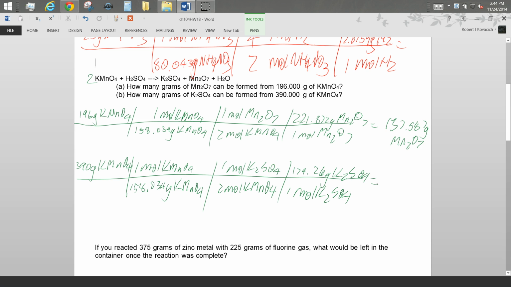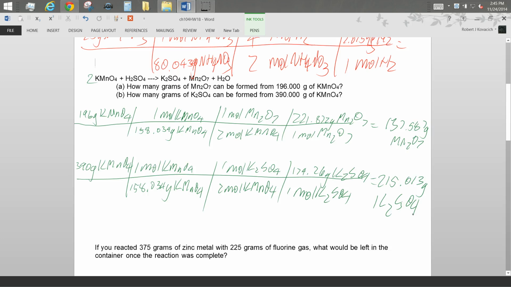So 390 divided by 158.034 divided by 2 times 174.26, and that's 215.013 grams of potassium sulfate.